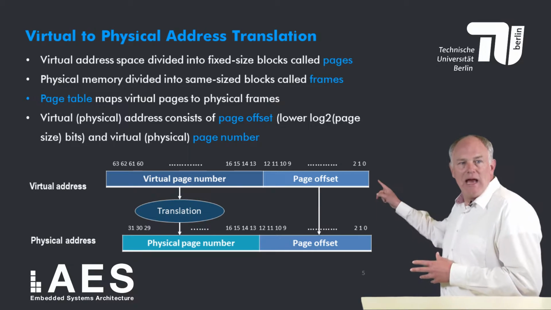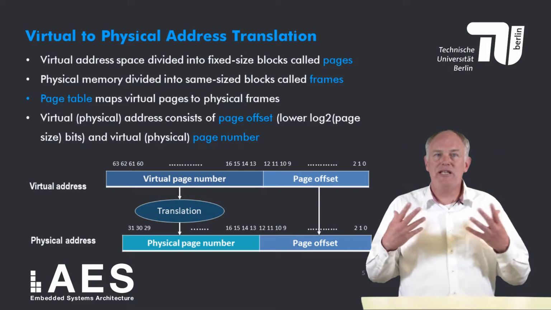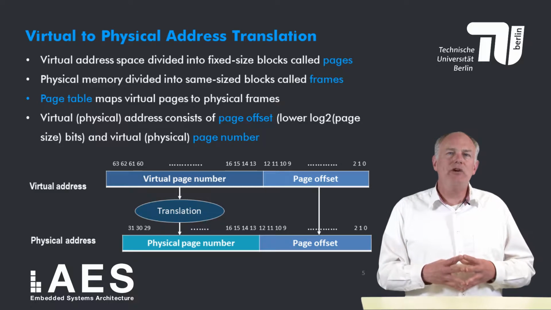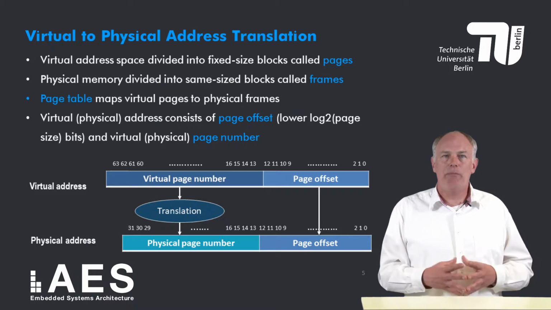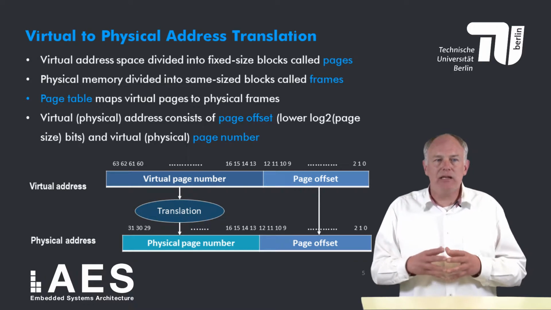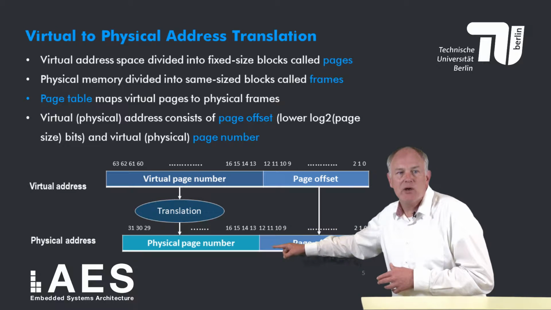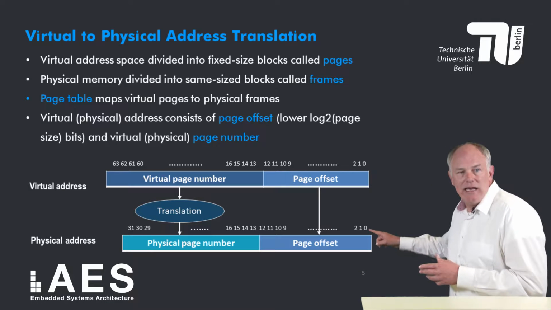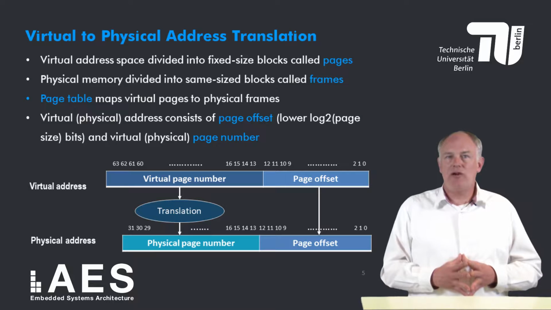Furthermore, virtual addresses are 64 bits long and physical addresses are 32 bits long. So the physical memory size is 2 to the power of 32, which equals 4 gigabytes. Finally, address translation means that the virtual page number is mapped onto a physical page number, and the physical page number concatenated with the page offset form the physical memory address.